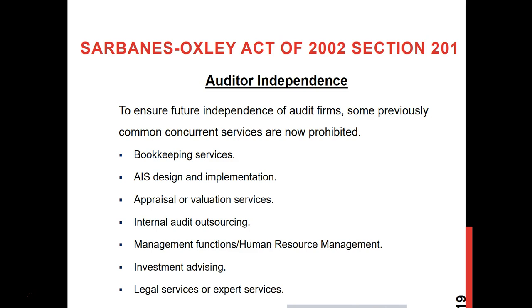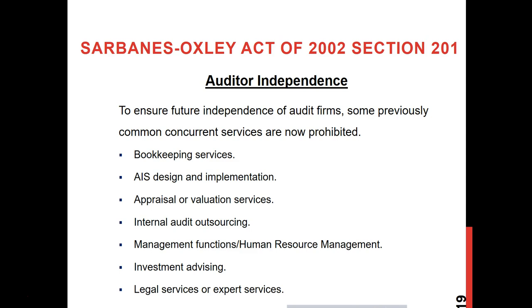And all public accounting firms must report to the PCAOB any information about any criminal, civil, or administrative actions pending against the firm or any person associated with the firm.